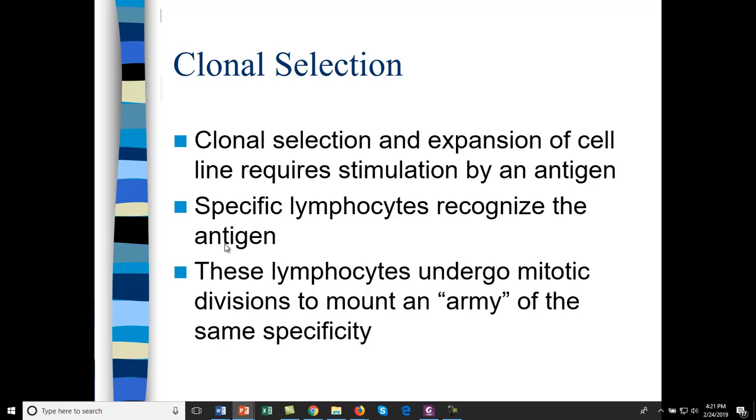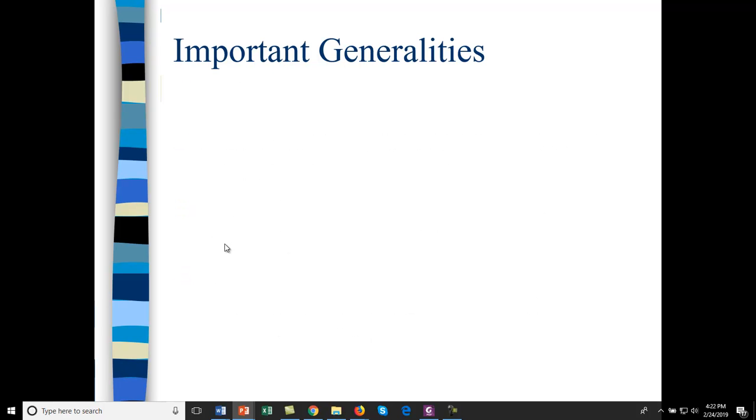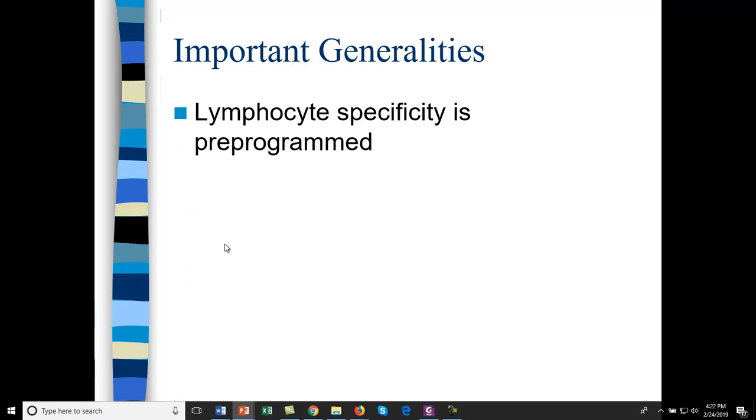Okay. These lymphocytes, once they see the antigen, go through really rapid mitotic division, and they mount an army of the same specificity. So you get a lot of B cells and a lot of T cells that are all specific to one type of antigen. And like I said, lymphocyte specificity is pre-programmed.